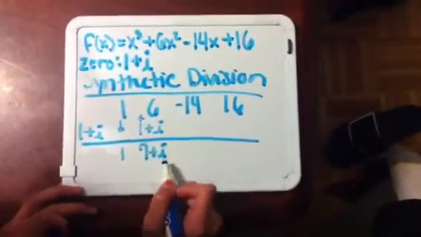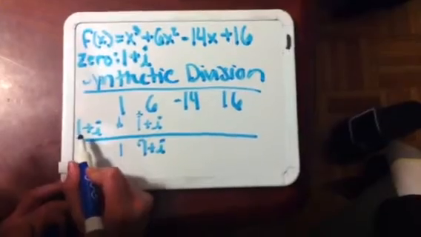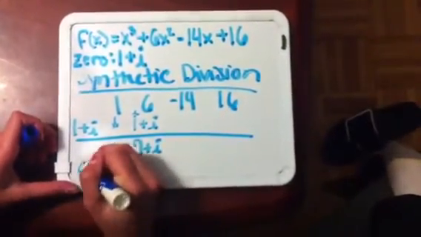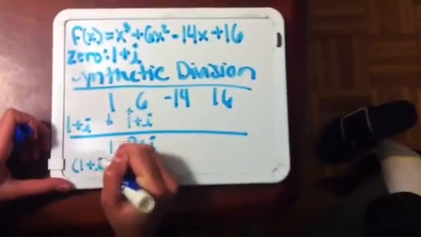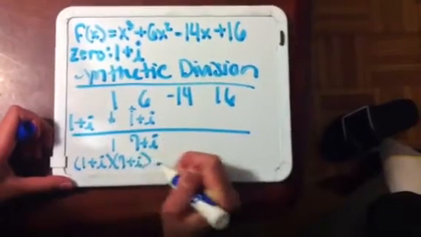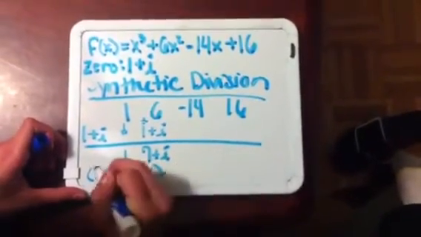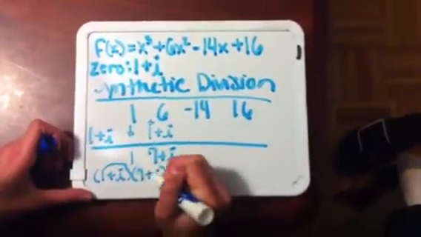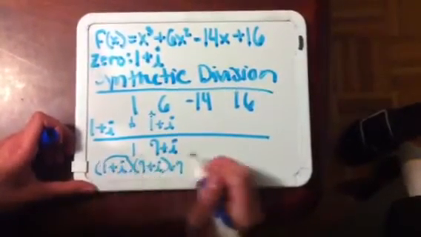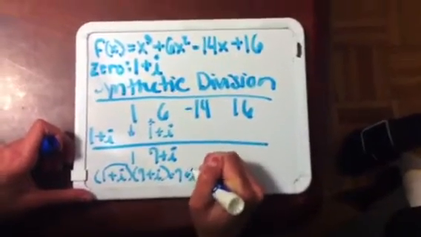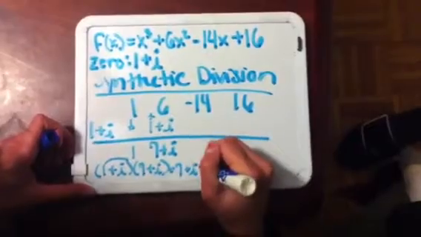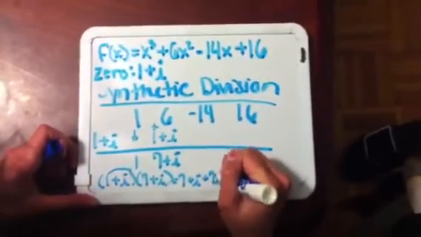Then you do 7 plus i times 1 plus i, which would be like this. We distribute the 1, 7 plus i. Distribute the i again, and we get plus 7i.